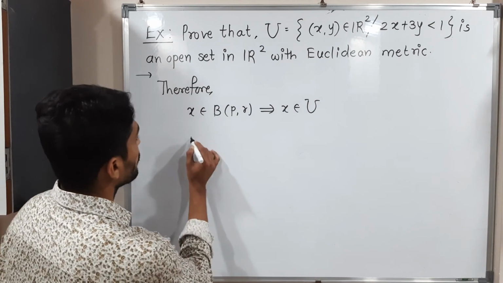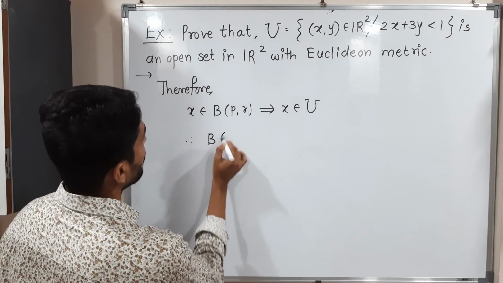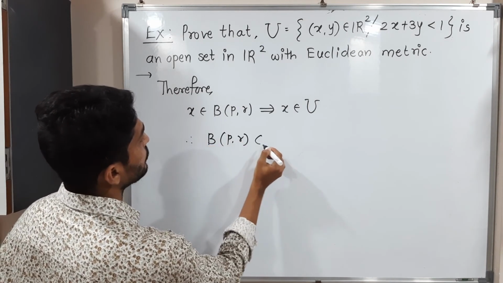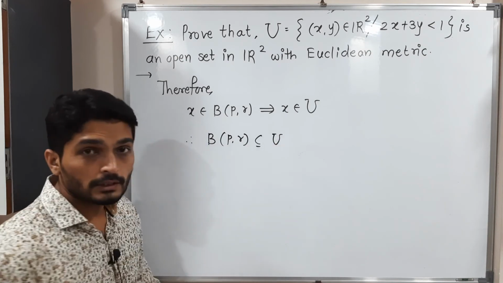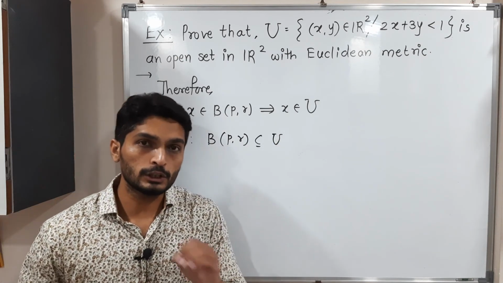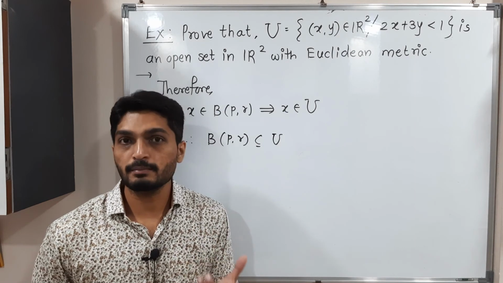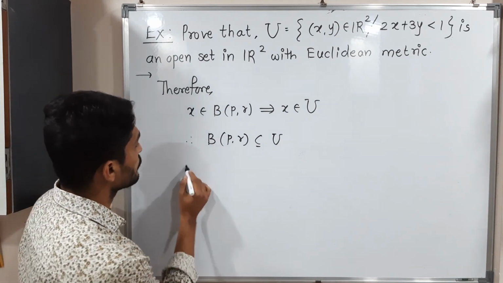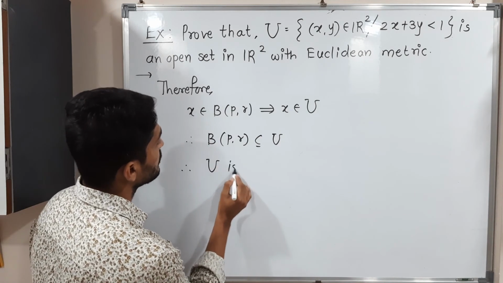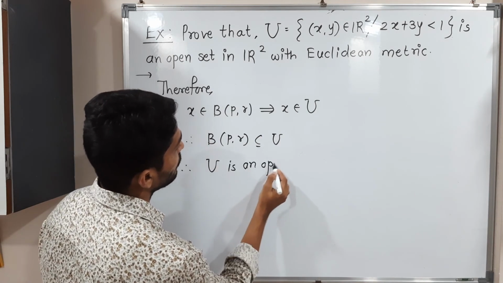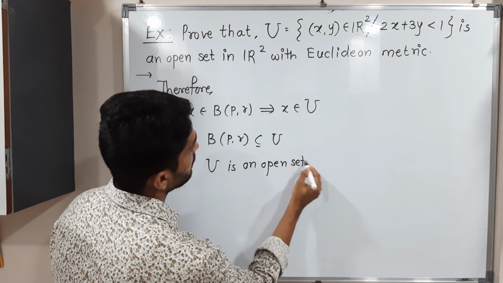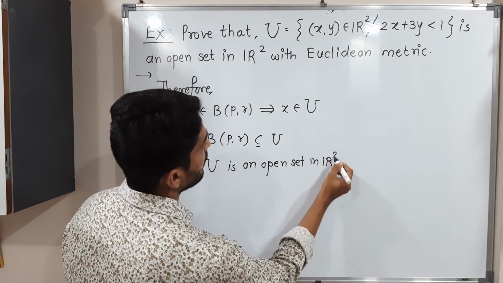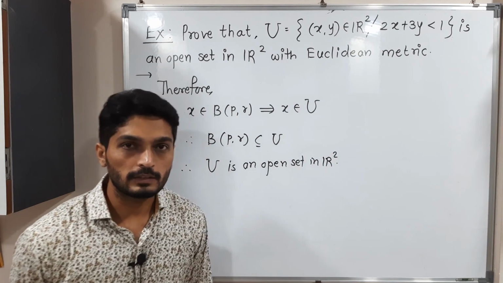So therefore this open ball is a subset of U. And p was any arbitrary point. So that means for each point of U, we can find some radius such that the open ball lies entirely inside U. So therefore we can declare U is an open set in R2. Yeah, in this way we finish the example.